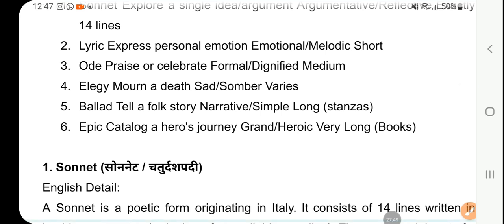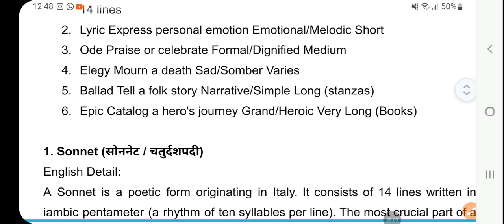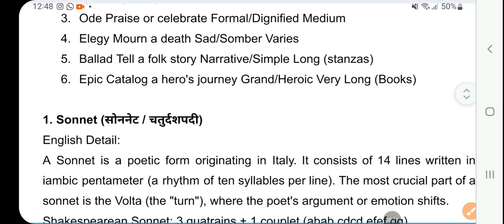Ode praises or celebrates, formal, dignified, medium length. Then elegy mourns a death, sad, somber, length varies. Ballad tells a folk story, narrative, simple, long stanzas. Epic catalogs a hero's journey, grand, heroic, very long books.